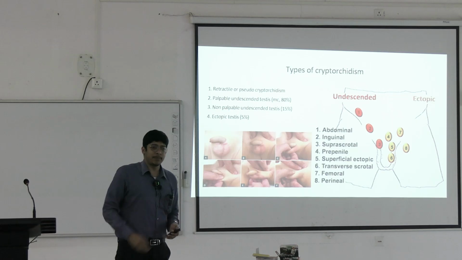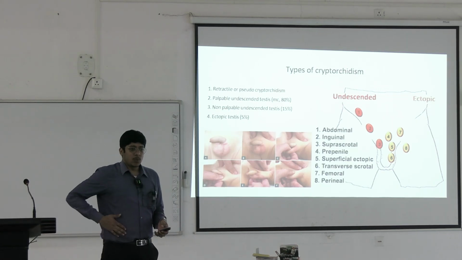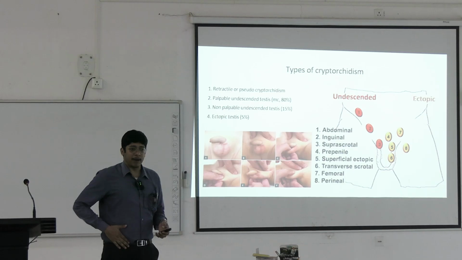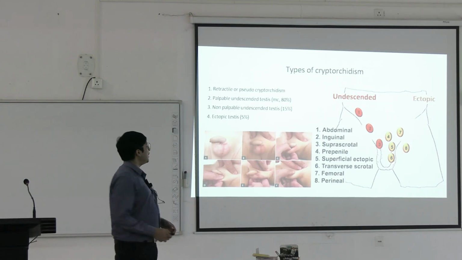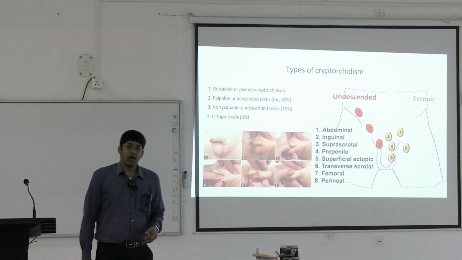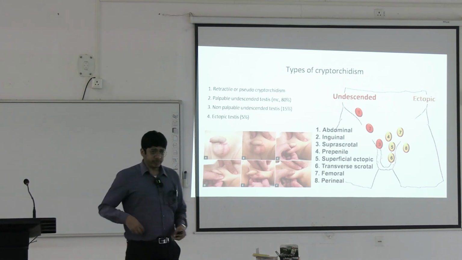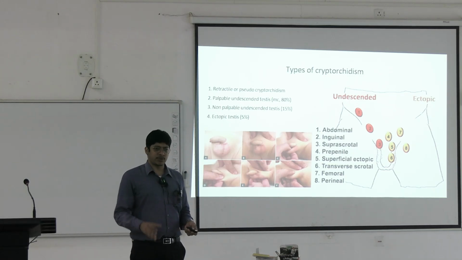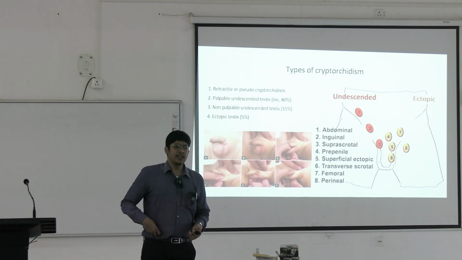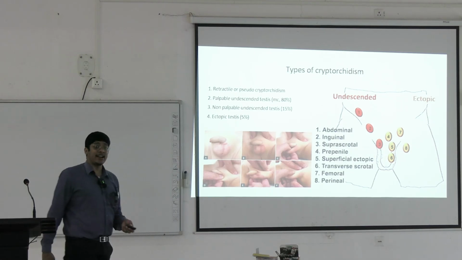What do we mean by palpable? It can be in that part of the abdominal cavity which is amenable to superficial palpation. Okay. So, around the inguinal region. It can be a non-palpable undescended testis, where the location of the testis is beyond the scope of clinical palpation. So, possibly it is somewhere near the deep ring or further up, or it can be an ectopic testis.